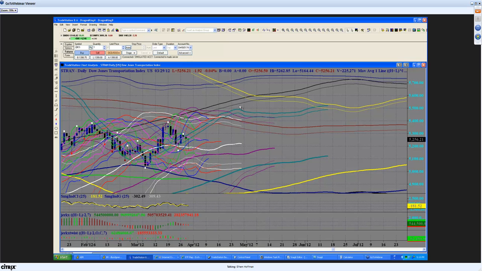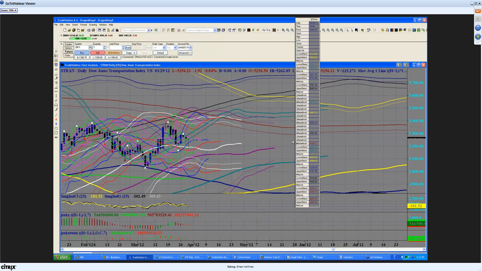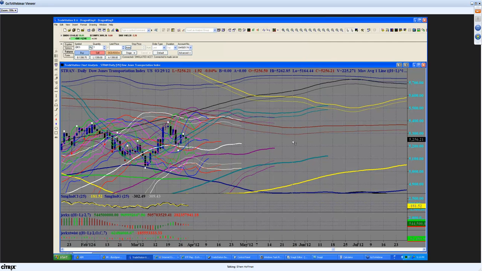In terms of resistance, unfortunately, for long-only traders in the transportation index or stocks tied to it, you could see here that most of the longest-term boundaries curl over in around late May, and you have a situation where you're bounded by this black boundary and this teal boundary right through June.